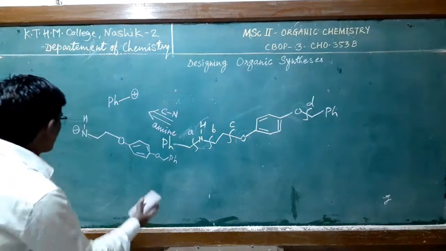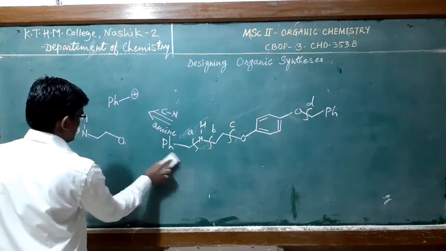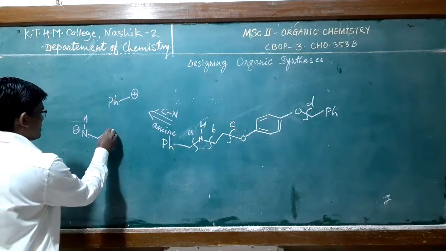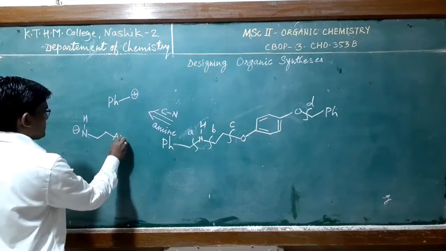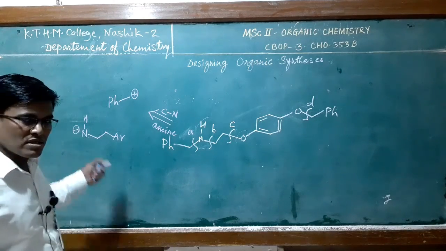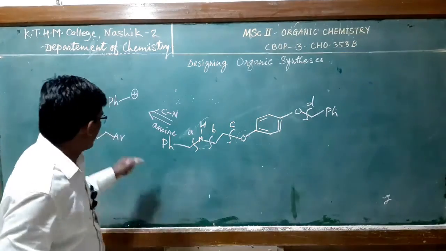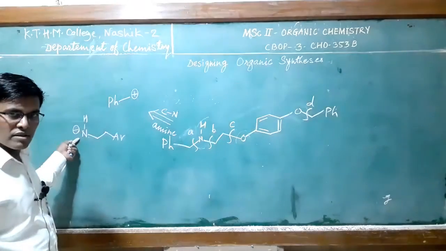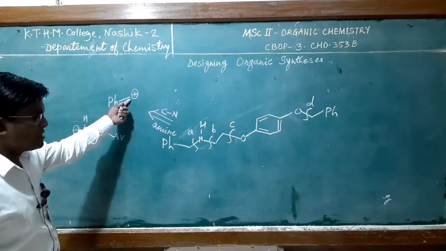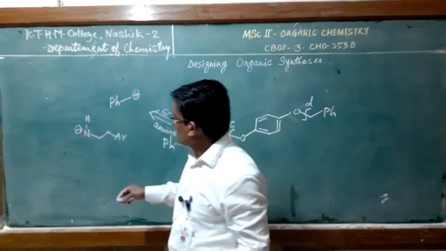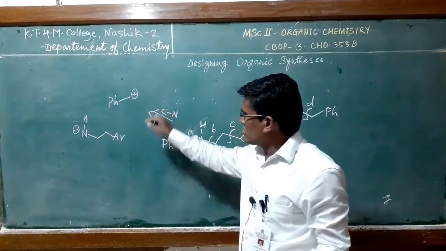Otherwise I will simply write Ar here. Since nitrogen has more electronegativity than carbon, it will tend to have the negative charge, and this carbon will have the positive charge. So, cleavage A will give these fragments.